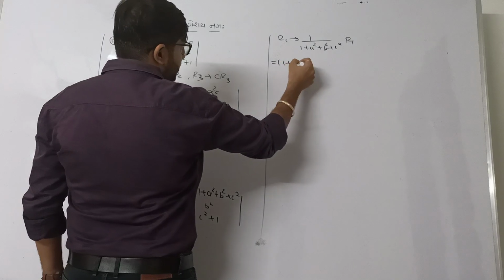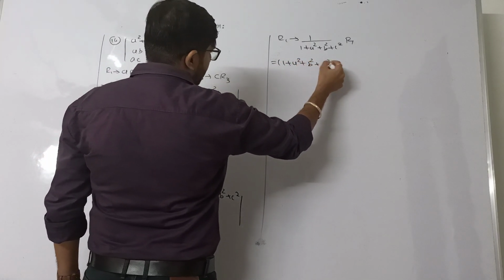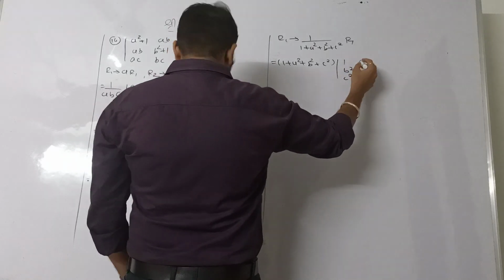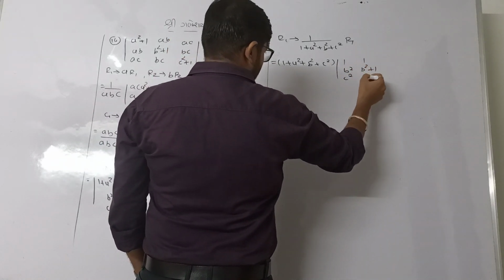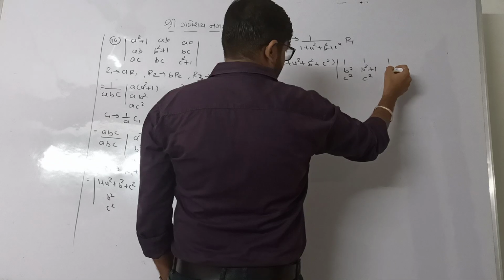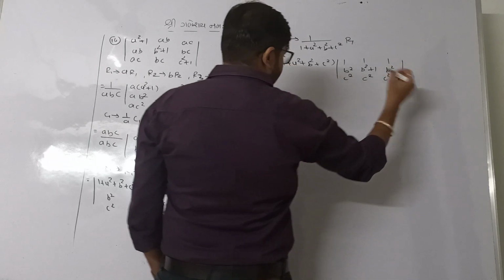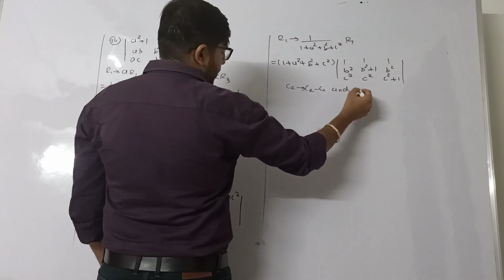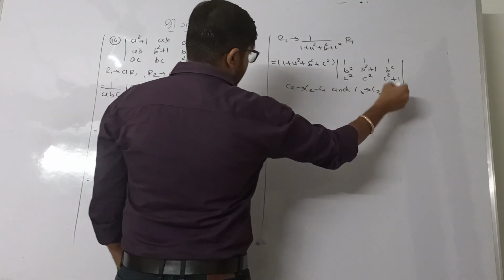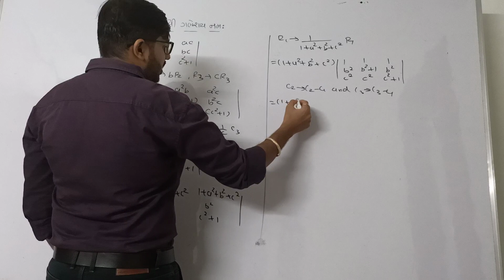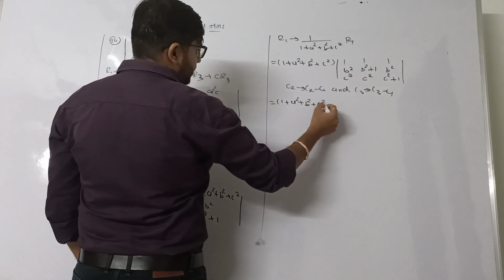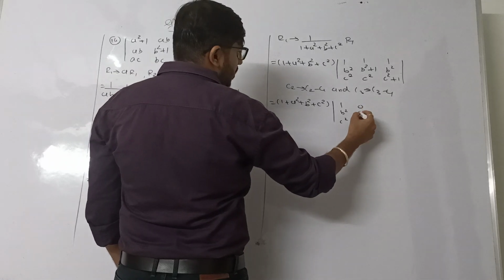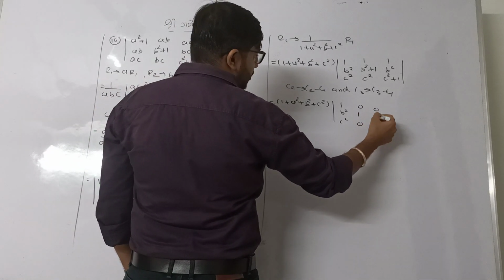So it is 1 plus b square plus c square, and in the determinant 1, b square, c square, 1, b square plus 1, c square, 1, b square, c square plus 1. So now C2 to C2 minus C1, and C3 to C3 minus C1. So we'll get 1 plus a square plus b square plus c square, 1, b square, c square, 0, it's 1, 0 and 0, 0, 1.